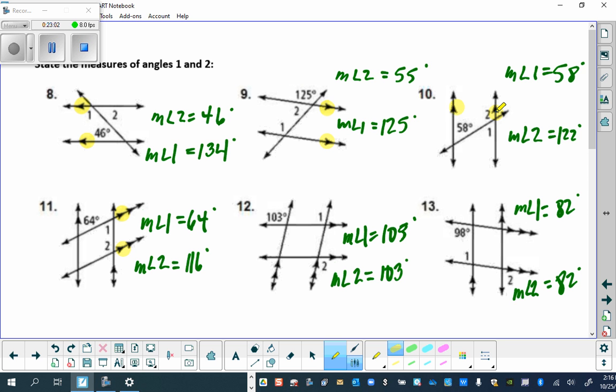So everything is either going to be a skinny or a fat. Once those lines are parallel, you have 2 choices. Is it acute or obtuse? And if it helps you draw things more exaggerated to tell the difference, go ahead and do that. For angles 1 and 2. Any questions on 8 through 13 you want to talk about?